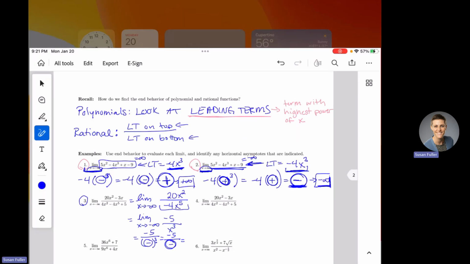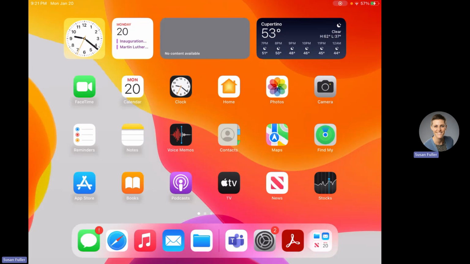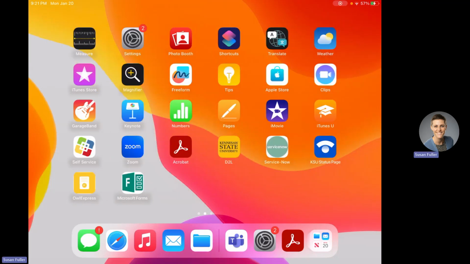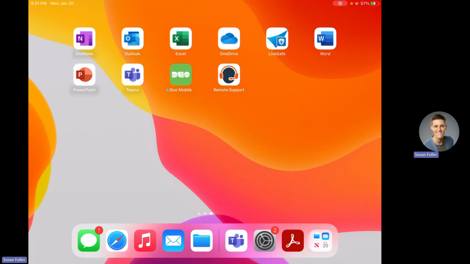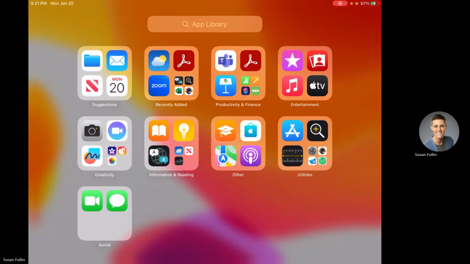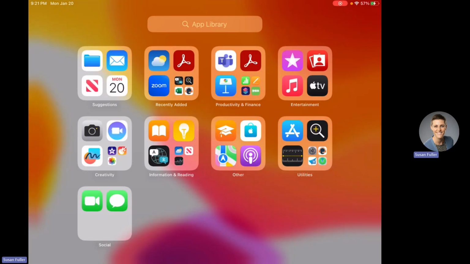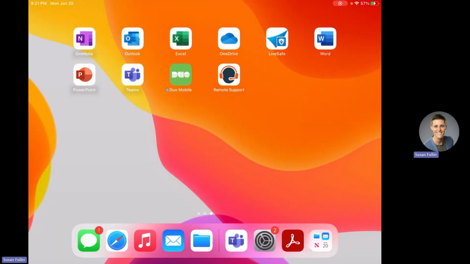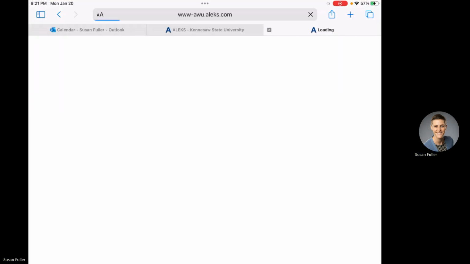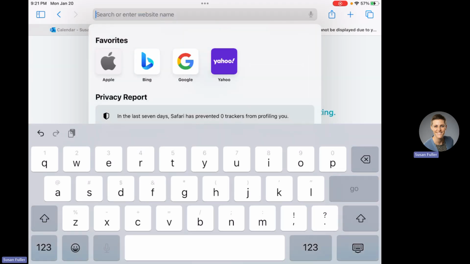Well, I'm not sure. So let's see. Hopefully I have a calculator app on here somewhere. You'd think there would be one on here. Yeah, I don't see one. No calculator. Okay, we will just use Google.